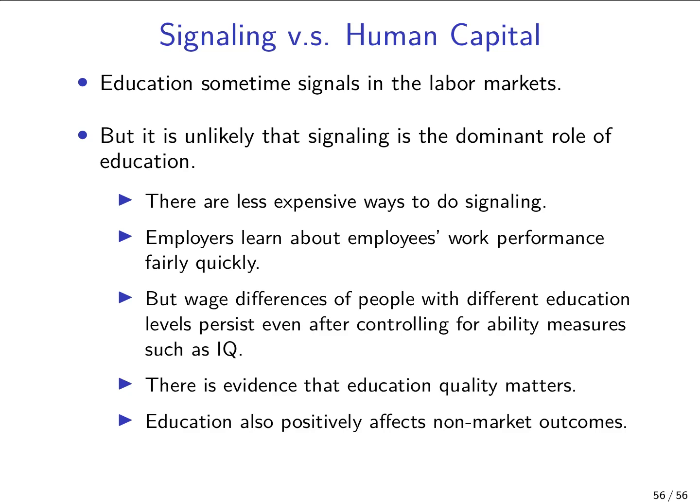Another reason why signaling may not be a dominant role of education is that employers could learn about employees' work performance fairly quickly, in a few months or a year or so. And in many countries such as China and the US, less so in European countries, the cost of firing people is relatively low, so the cost of making an error on the employer's side may not be high.